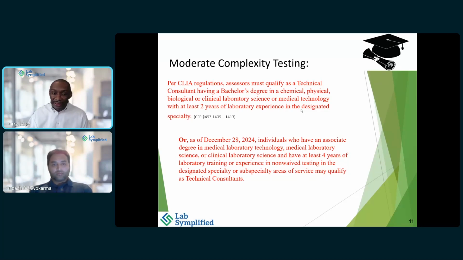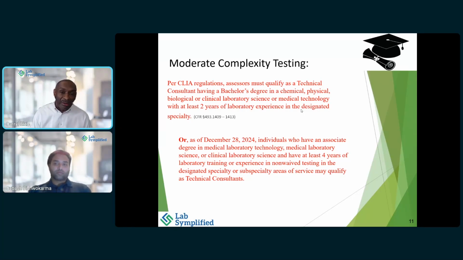There are like 9 different categories of responsibilities of the technical consultant. This is a big deal because, especially for smaller labs or laboratories who only do moderate complexity testing, this is important for point of care testing. You have point of care testing that's non-waived. Now the MLTs have a way to move up and become administrative because they can not only assess competency, they can be completely over that section.